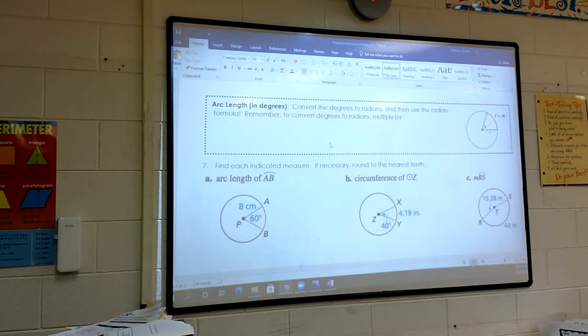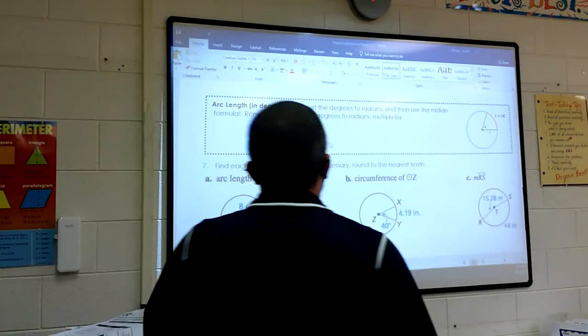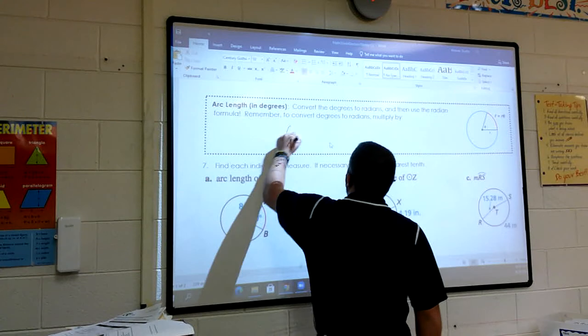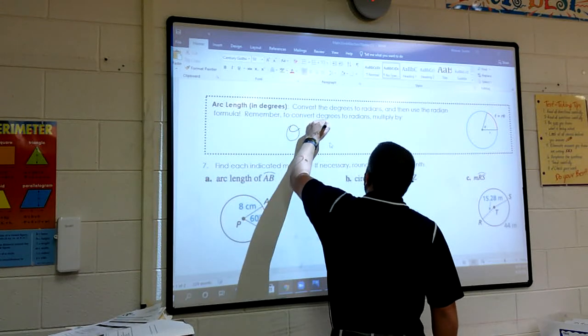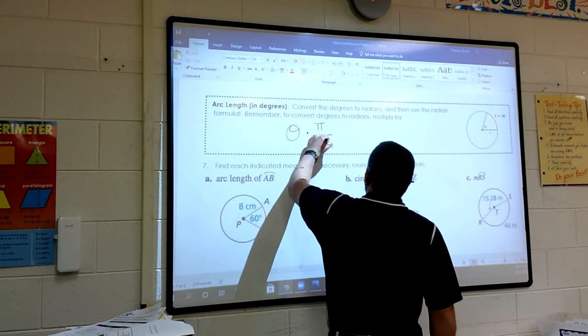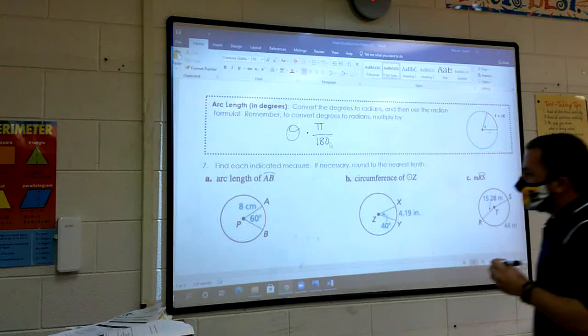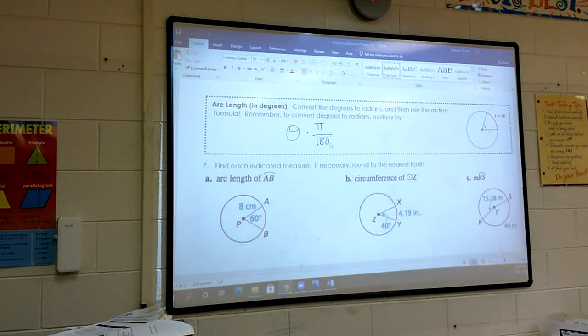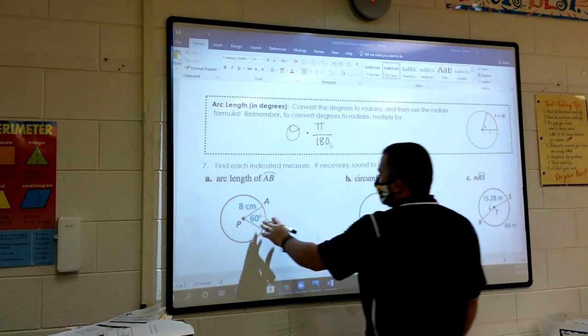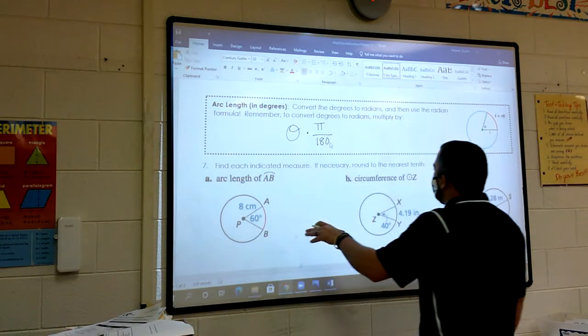So for arc length in degrees, I'm going to convert the degrees to radians and then use the radian formula. To convert degrees to radians, you take the angle and multiply by pi over 180. So if you have an angle here in number 7, the angle is 60 degrees and the radius is 8.